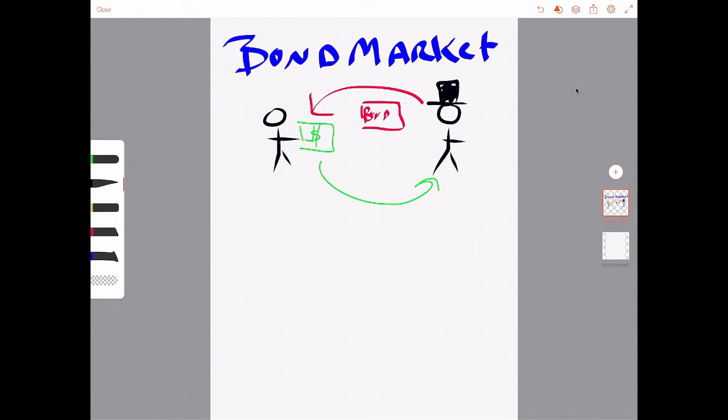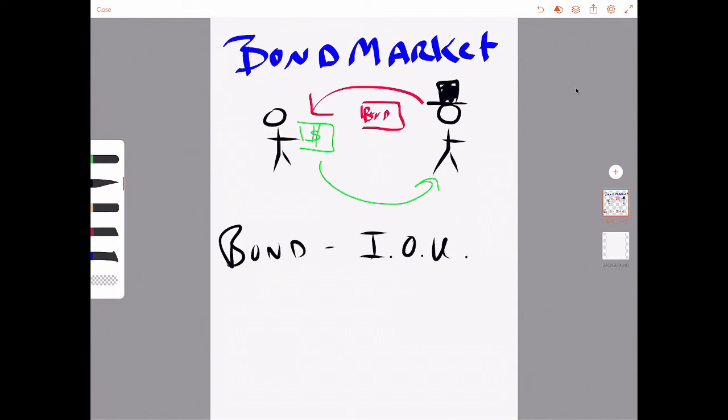A bond is nothing more, really, than an IOU. It's a promise to repay you the money that you lent. But they're going to repay you with interest. So, just like when the bank pays you an interest rate, when you own a bond, you're getting paid an interest rate.